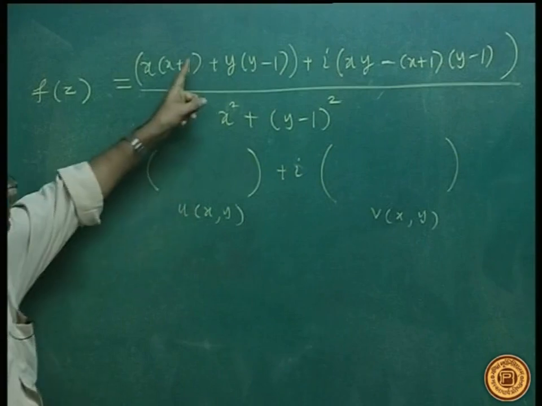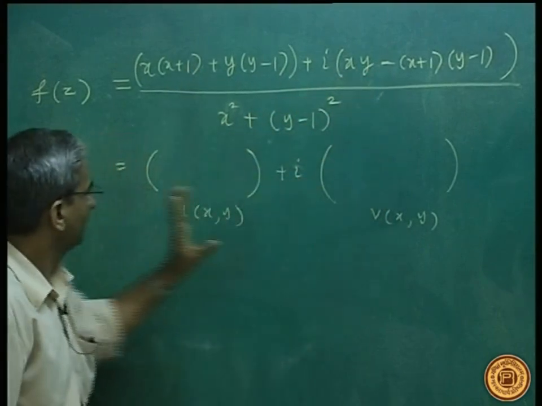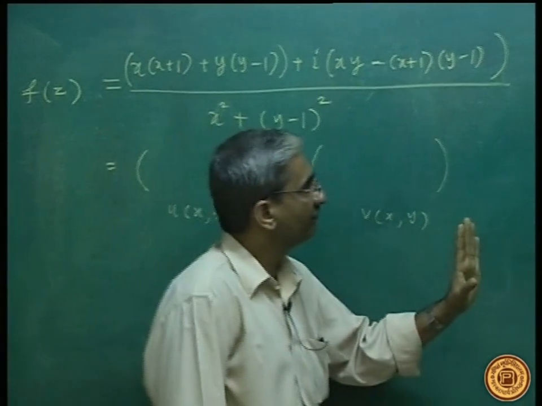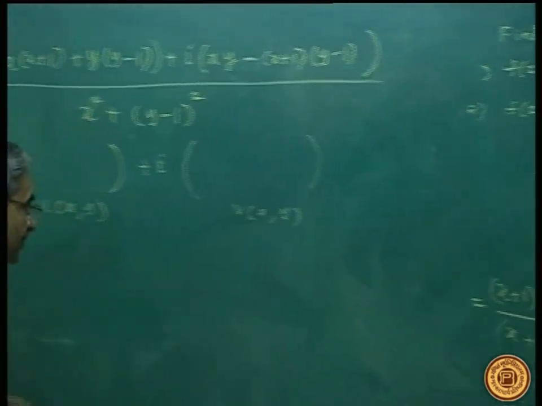This is u(x,y) and this is v(x,y). So is it clear how to find real and imaginary parts of a function?